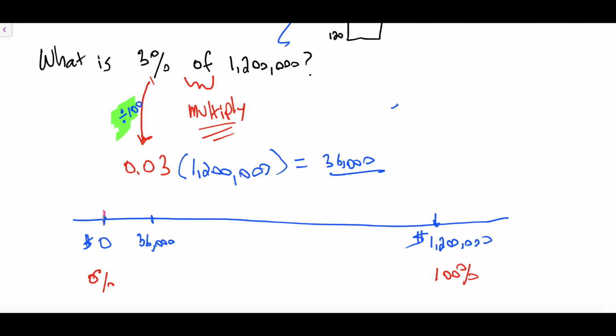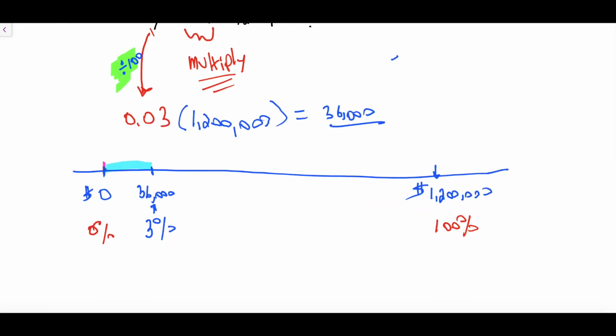If I do 25% of, it shrinks. If I do 1% of, it goes nearly to zero. If I do 3% of, it goes right there. It's not really to scale, but that's my 3% of. So when you hit of, it shrinks, it makes it smaller. Multiply means smaller when using a fraction or decimal. You with me on that? I'm with you. So that's how you do those types of problems.